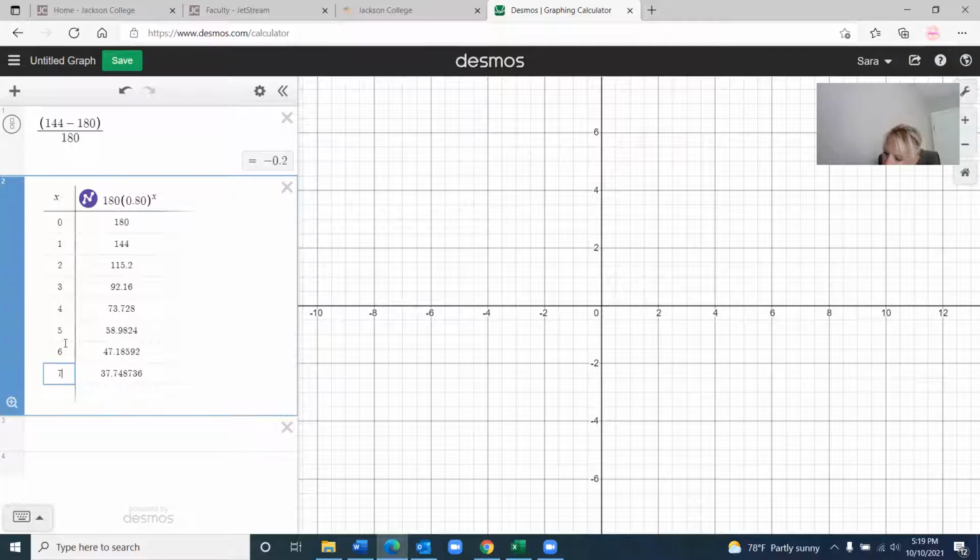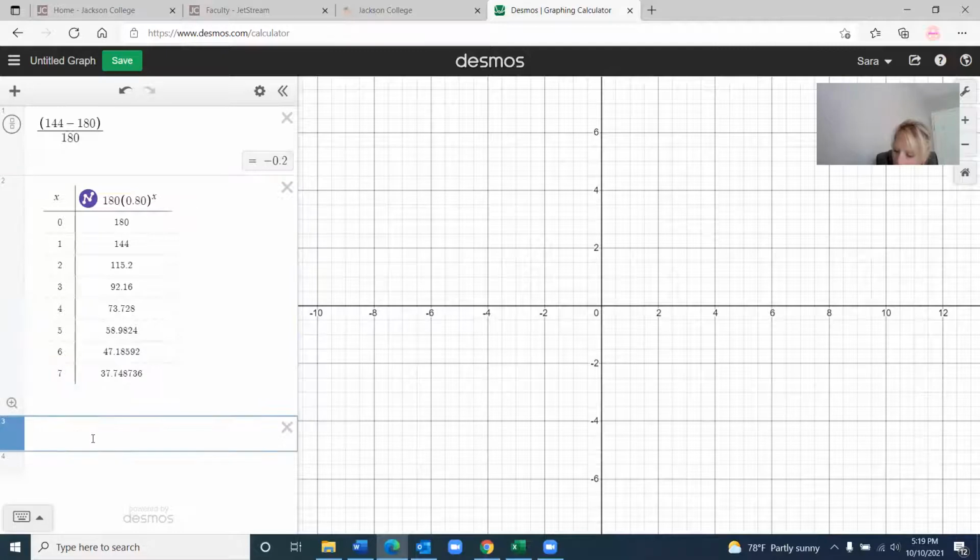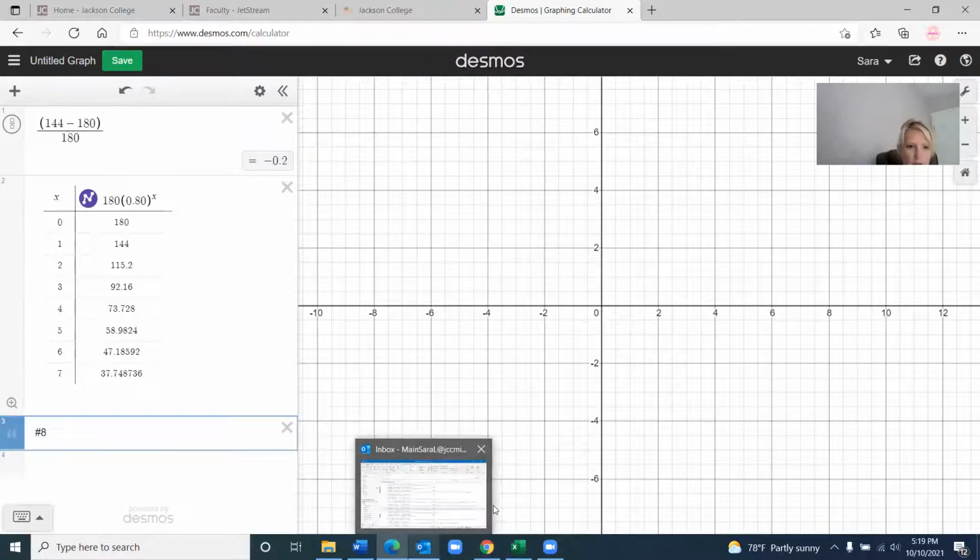Number 8 says use the function you wrote to find the amount of caffeine left in your system after 115 minutes. So because our x was in hours, we have to switch our minutes to hours.